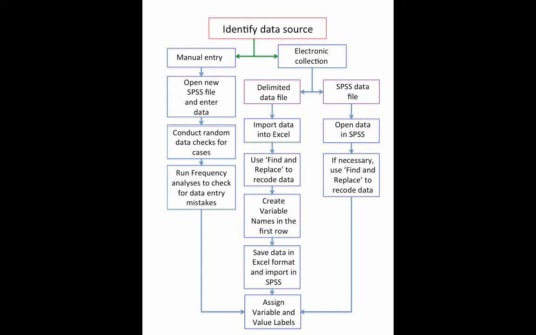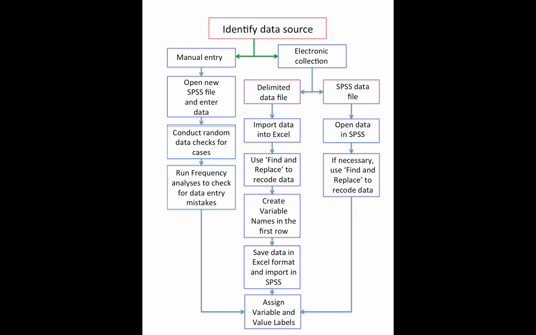And so we actually have to go through a process of telling the program to go in and make 0 be 3, make 1 a 2, make the old 2 a 1, make the old 3 a 0, so that now the interpretation, not what the response was, but the interpretation is now correct. And so again, all of this is done within SPSS. It's the simplest place for that to take place.